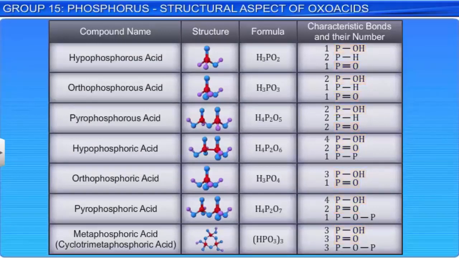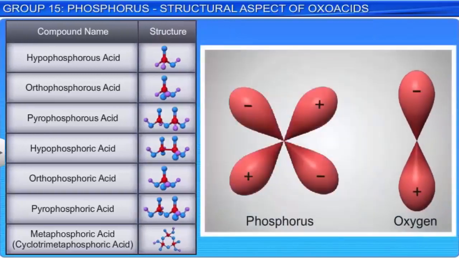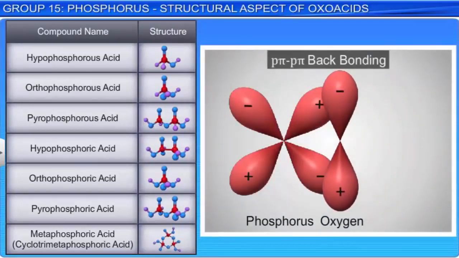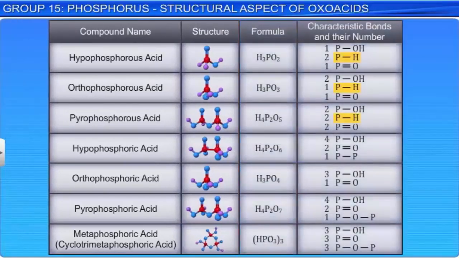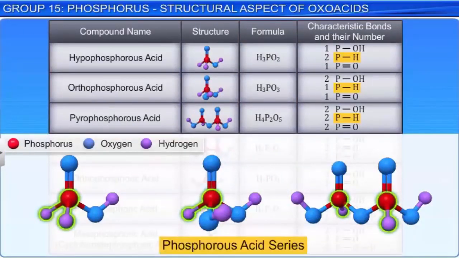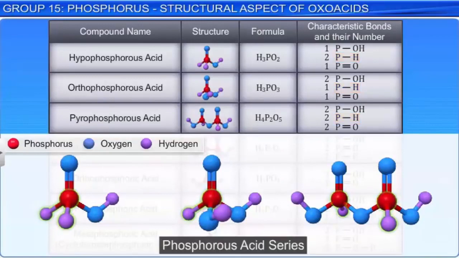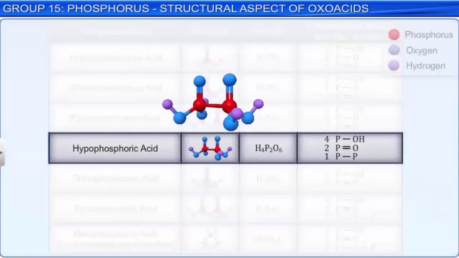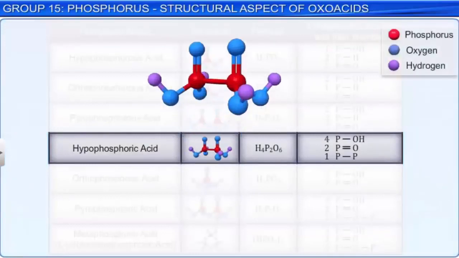Note that the double bond is formed as a result of the p-pi back bonding. However, P-H bonds are present only in the oxo acids belonging to the phosphorus acid series. Note that in hypophosphoric acid, an unusual P-P bond is present.